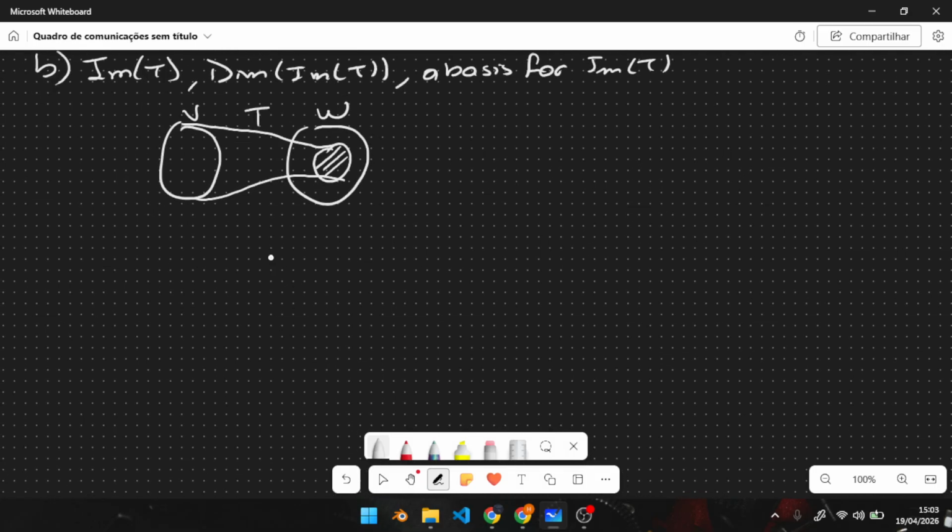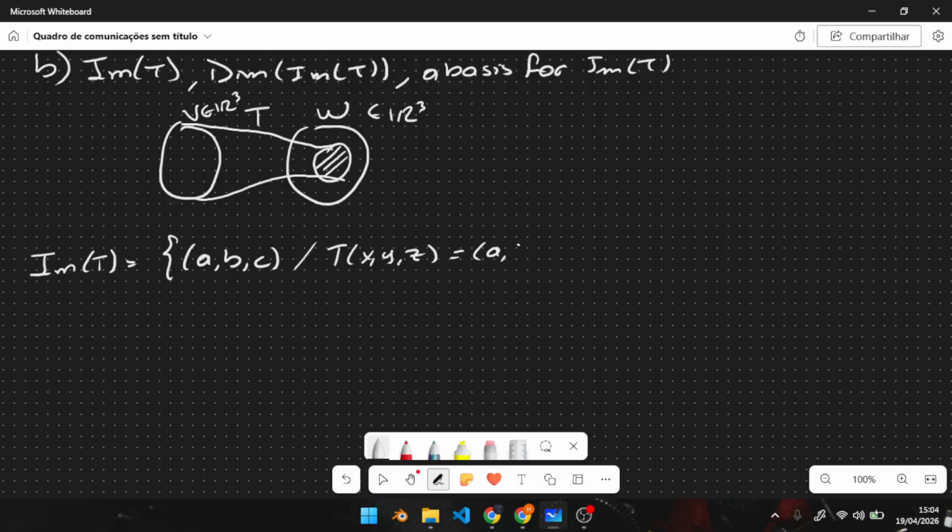You can say that the image of the transformation is a set of vectors (a, b, c), because W is part of the three-dimensional space, so is V, in which the transformation of a vector (x, y, z) that belongs to V is (a, b, c) itself.